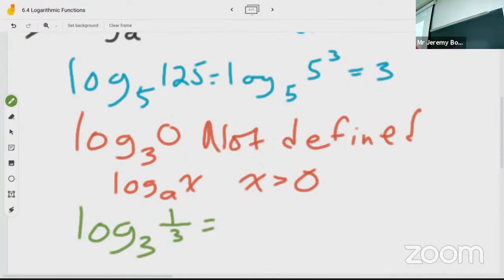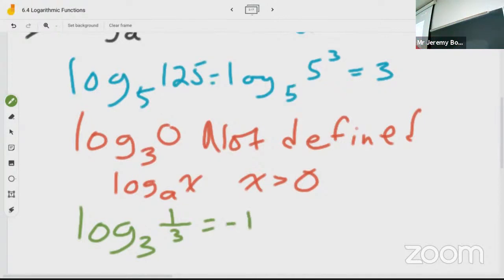It is defined, I'll tell you that much, because 1/3 is greater than 0. If I want to raise 3 to some power and get 1/3, I'm going to use a -1. So that's going to be -1.